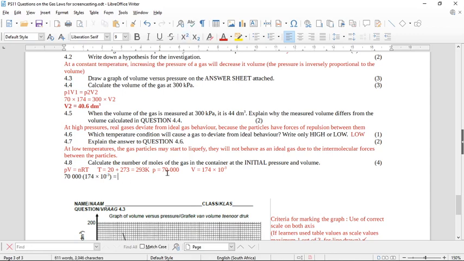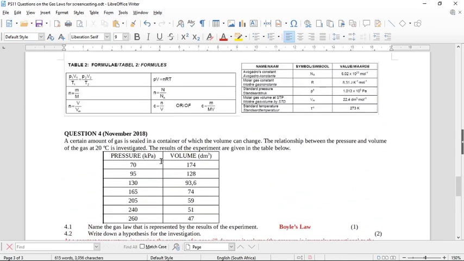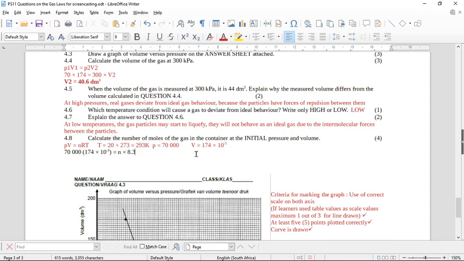Equals n, which is what we're trying to find, times R. What's R? R is 8.31, not 8.34, 8.31, times my temperature in Kelvin, which was 293.